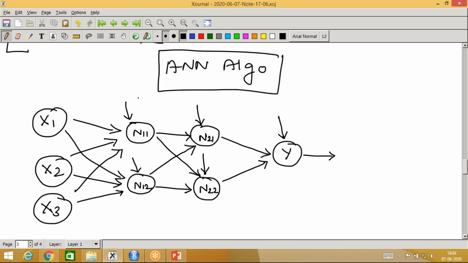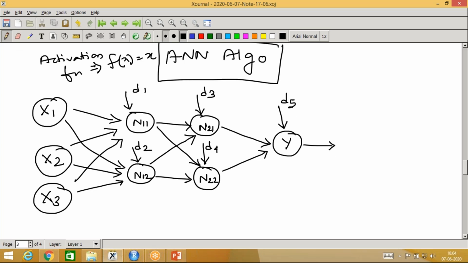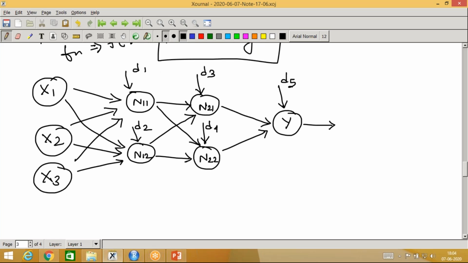These noises are written as, let's say, D1, D2, D3, D for deviation, D4, and D5. And let's say that the activation function is simplistic, f(x) is equal to x. So whatever comes in goes away, no change. Because if I do change, then the calculation will be much tougher.